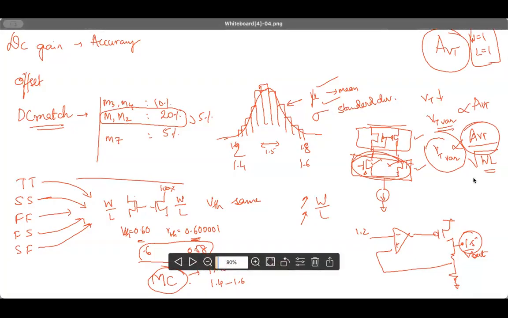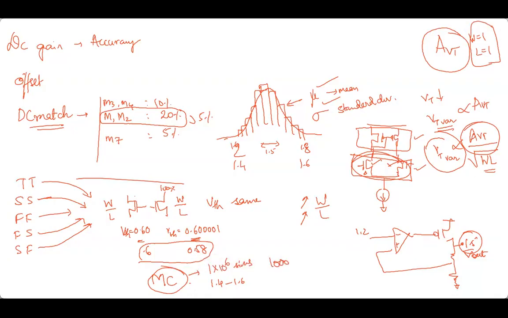Anyway, in the last class, we also started looking at the accuracy point of view. If you have to be very accurate, what do you have to do with the circuit? There are some simulations that we looked at, called Monte Carlo simulations. Monte Carlo simulations will give you a rough idea of how much variation your circuit can see on silicon.